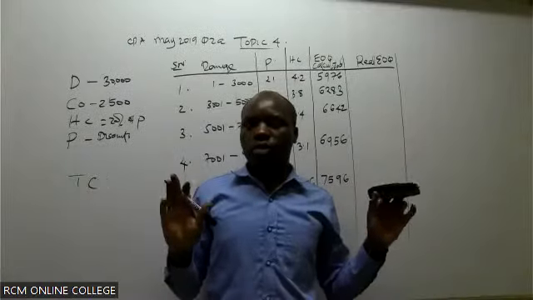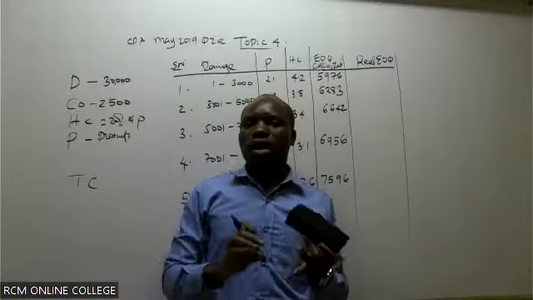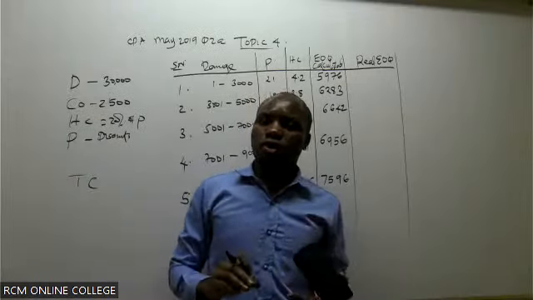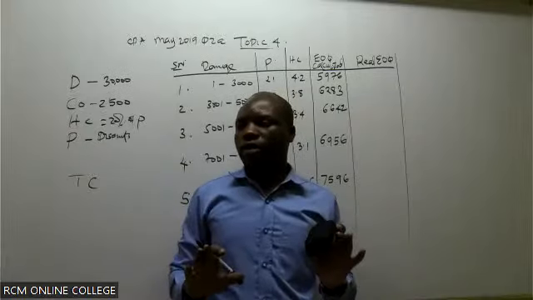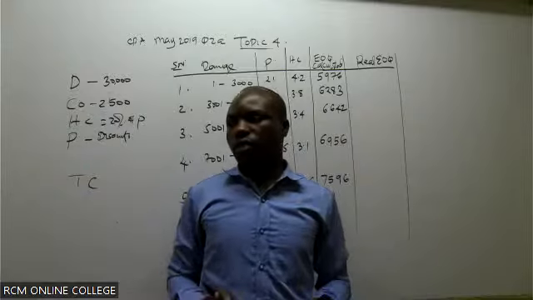That is the rule. Don't order anything below the economic order quantity, but you are allowed to order goods above the economic order quantity. That is what we have. Good.